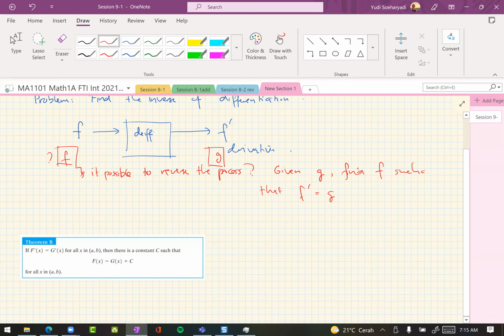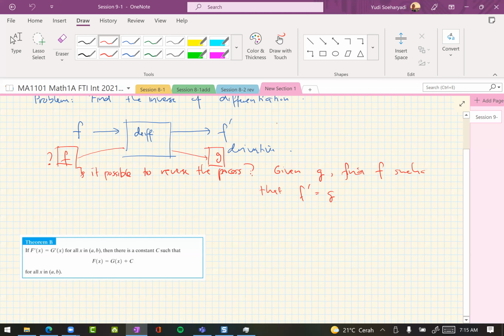So if you plug in F to this box, you come up with G. Okay, so it is a reverse in the sense that in derivative, you start with the thing on the left. Let's give an F, and then use the differentiation process to find the function on the right. That's F prime. That's the derivative.